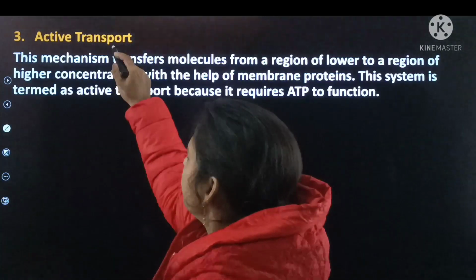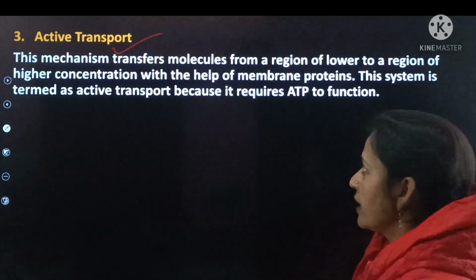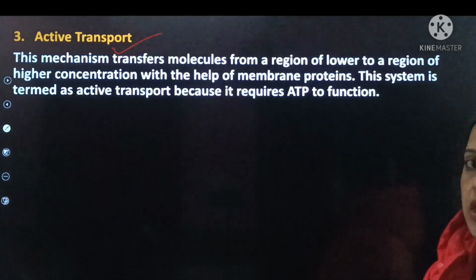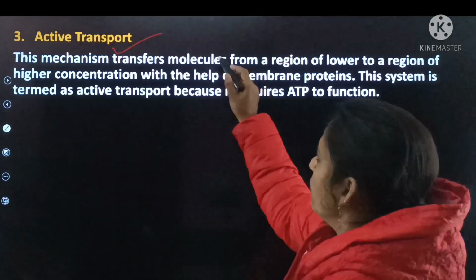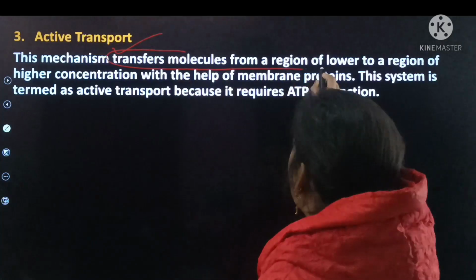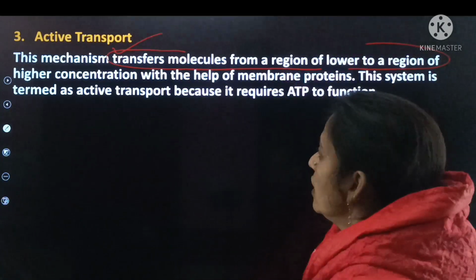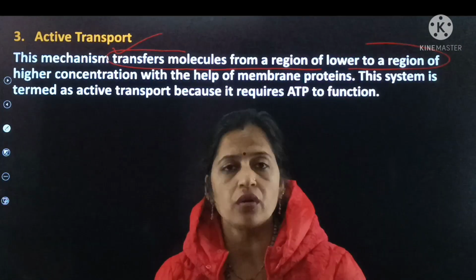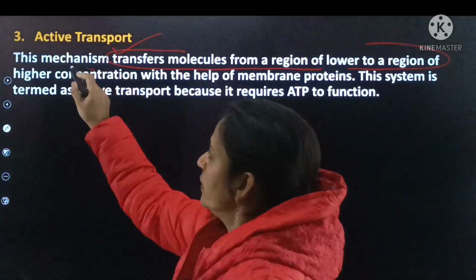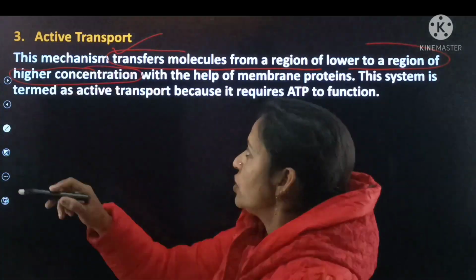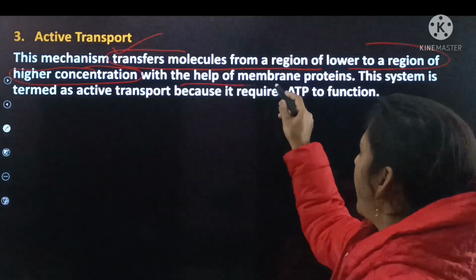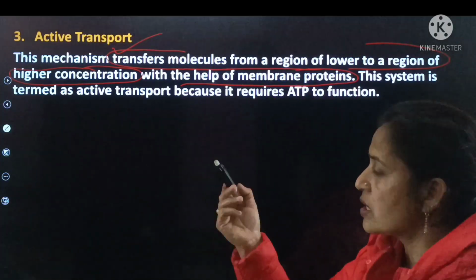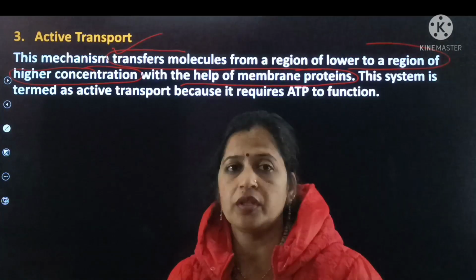Next is the active transport. What do you mean by the term active transport? So this mechanism transfers the molecules from the region of lower concentration to the region of higher concentration with the help of membrane proteins.